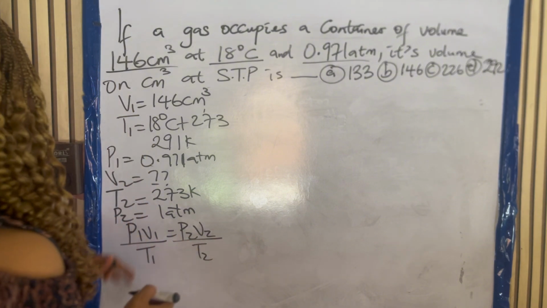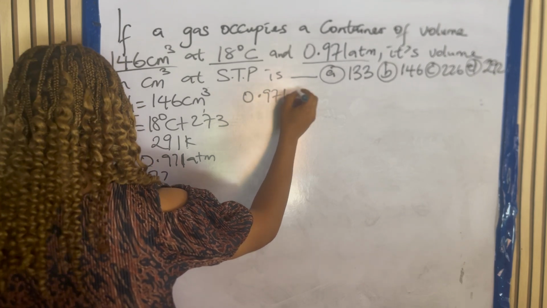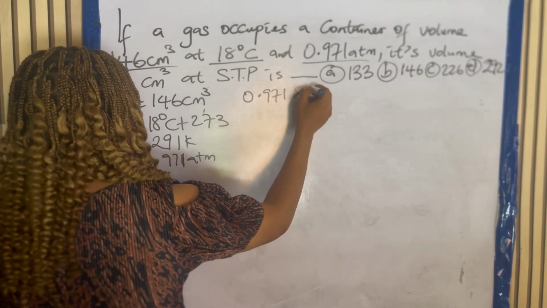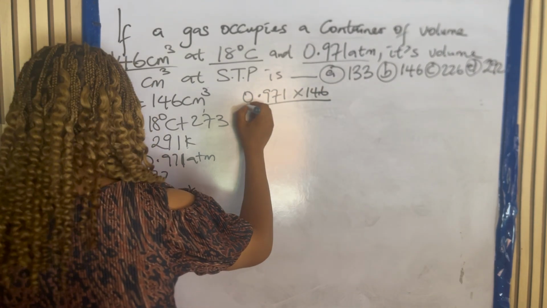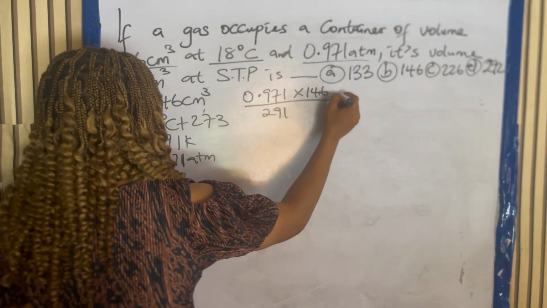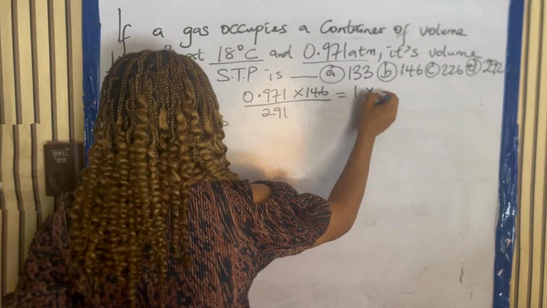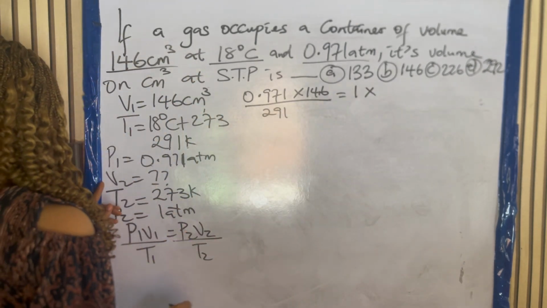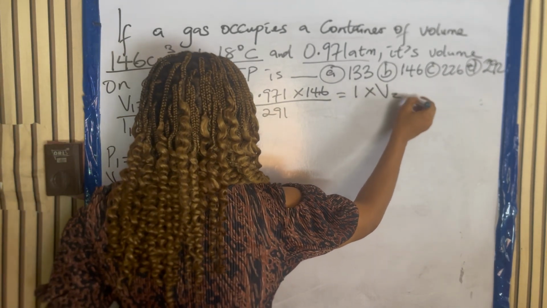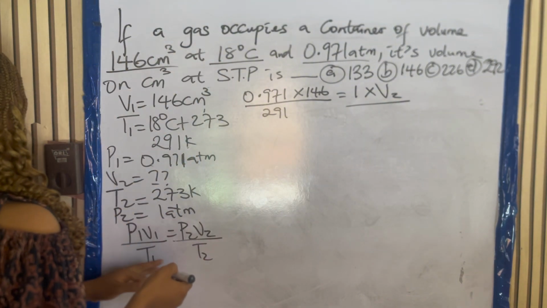So what is P1? P1 is 0.971 times V1, 146, all over T1. T1 is 291, equals P2, which is 1, times V2. We are looking for V2, all over T2.